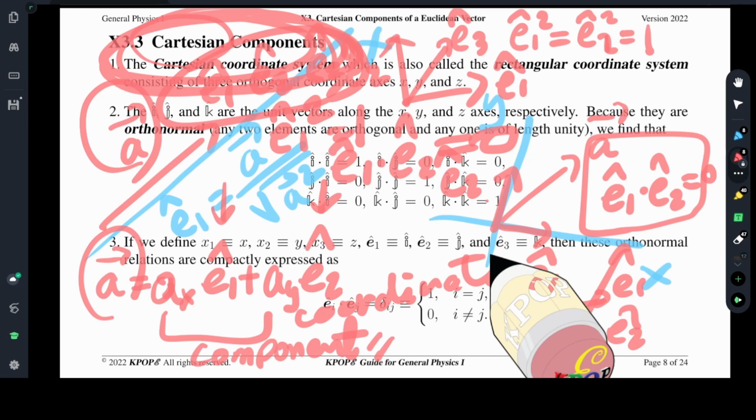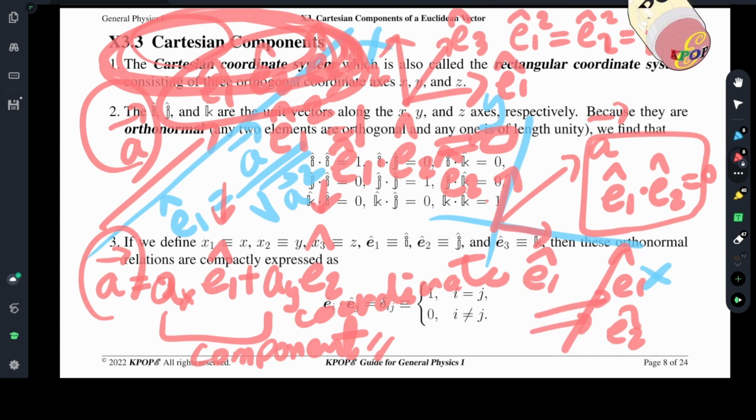Coordinate is used for the position vector. A Cartesian component of a position vector is called the coordinate, and in general, for velocity, acceleration, force, or any other vector, the coefficient is called a component instead of a coordinate.